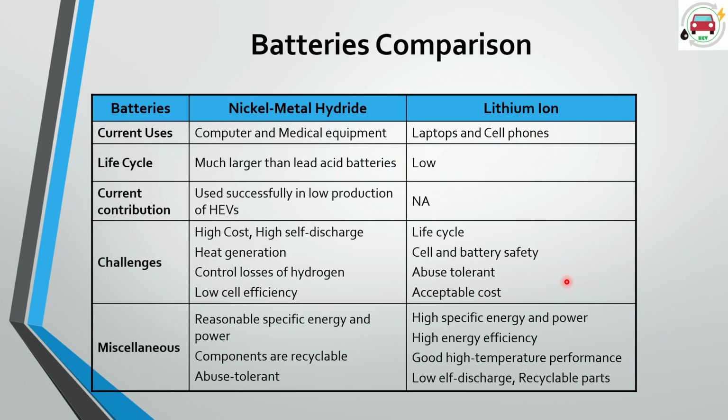So there are different types of batteries. Just now we have seen nickel metal hydride batteries, right? And lithium ion, we know we use lithium ion batteries every day. So we can categorize these two batteries and compare them on some categories like current uses, life cycles, current contributions, and challenges.